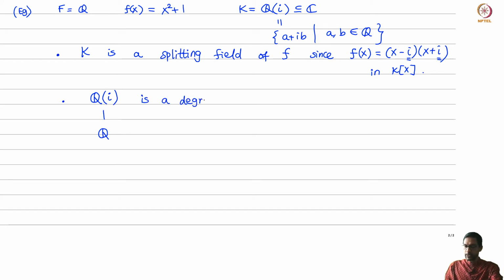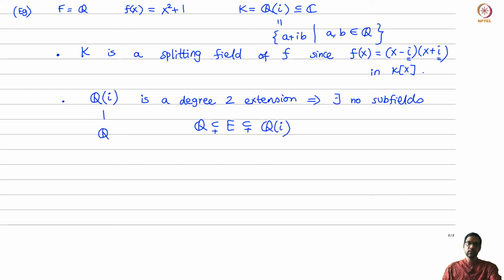This is a degree 2 extension, which means that you really can't have any subfields. So there exists no subfields E which are strictly between Q and Q(i), right? A strict intermediate subfield doesn't exist.